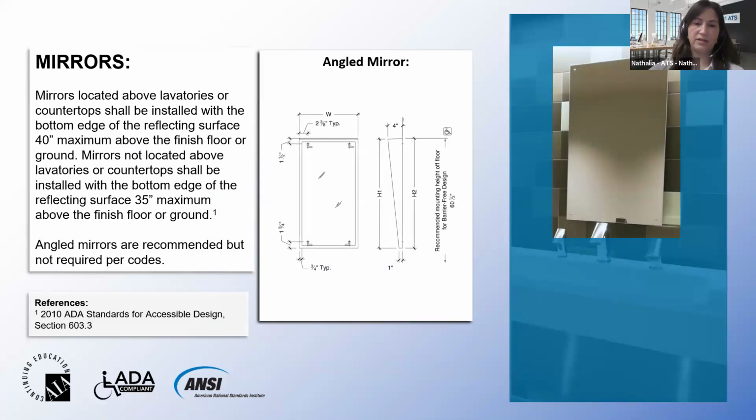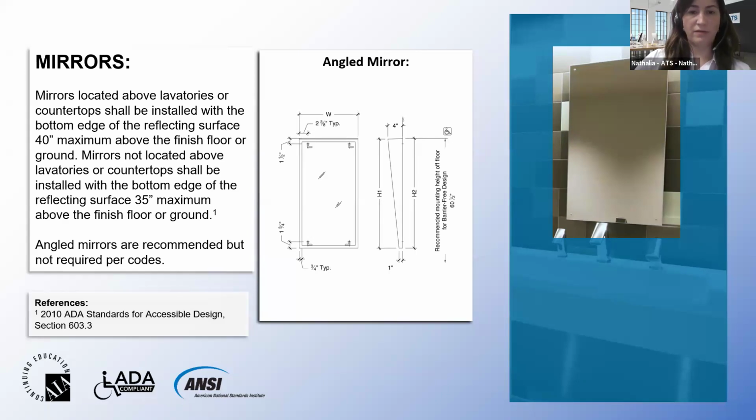The lavatory accessory, so mirror. Mirrors, when located above lavatories or countertops, should be installed with the bottom edge of the mirror not more than 40 inches maximum. And when they're not located above the countertop or the lavatory, the bottom edge of the reflecting surface can be installed 35 inches maximum.